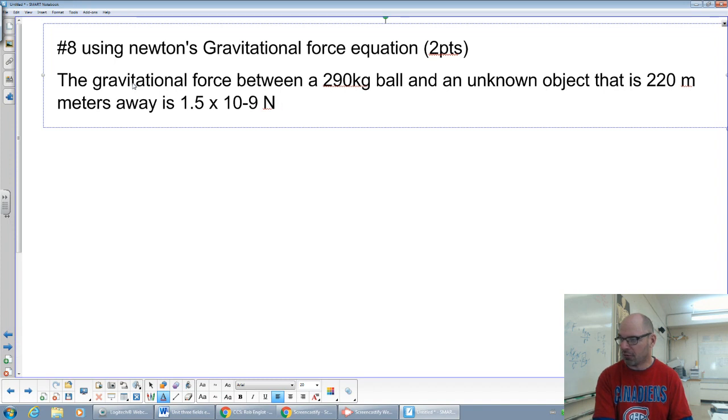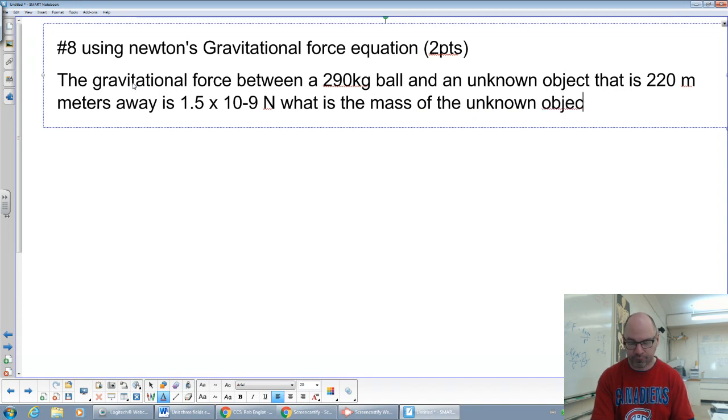What is the mass of the unknown object? Let's fix this -9 up here.